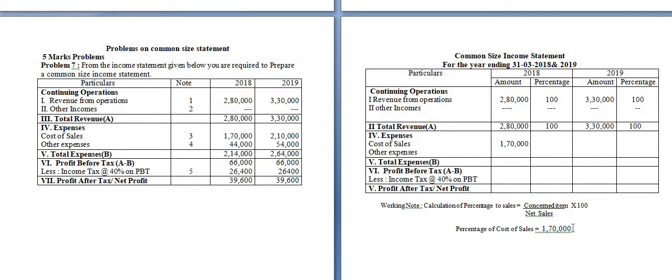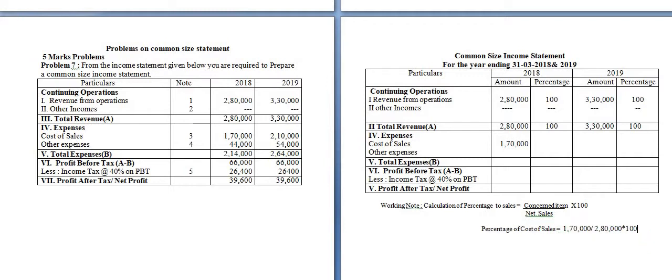1,70,000 divided by what is the amount of net sales for the year 2018? It is 2,80,000. So right here 2,80,000 and into 100.